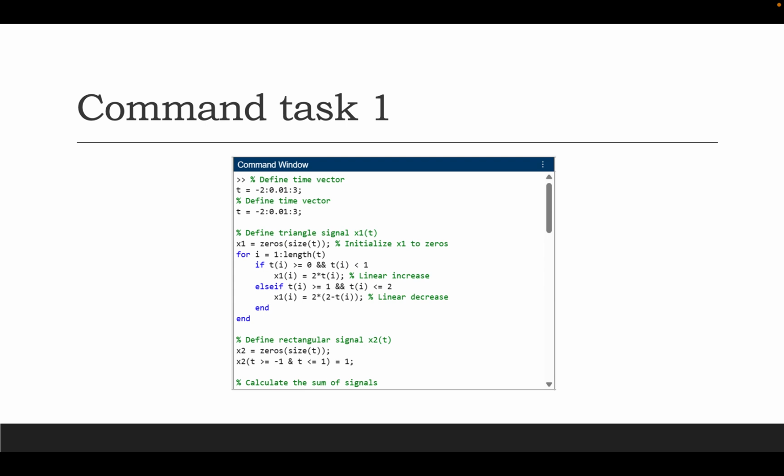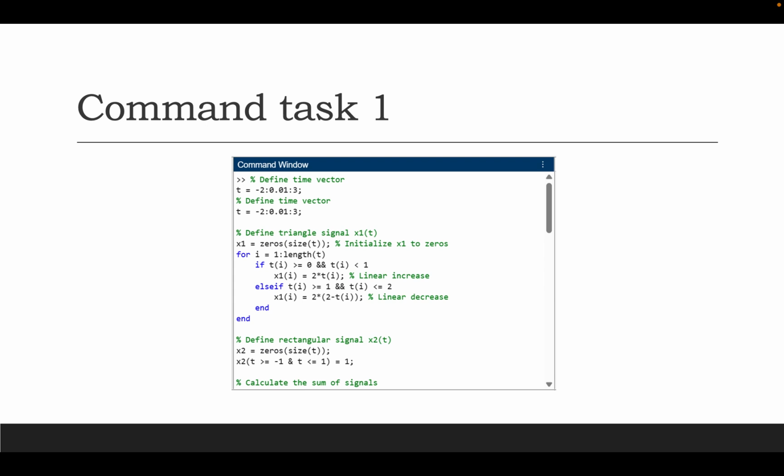So this is the MATLAB signal operation for task 1. Step 1 is define the time vector. This creates a time vector t ranging from -2 to 3 with an increment of 0.01. This vector will be used as the time base for signal generation.